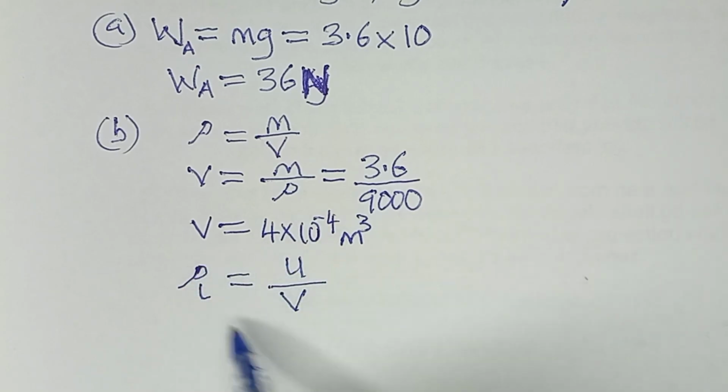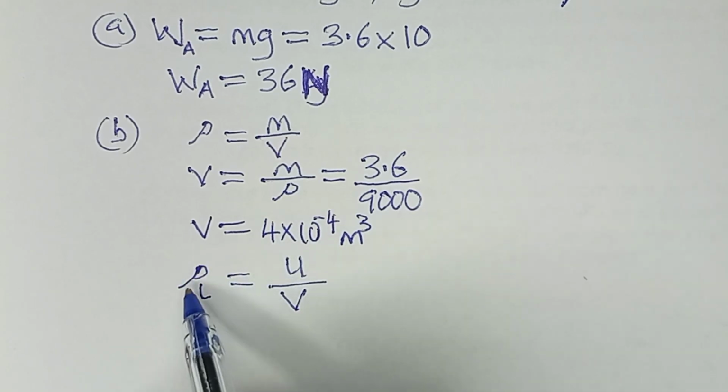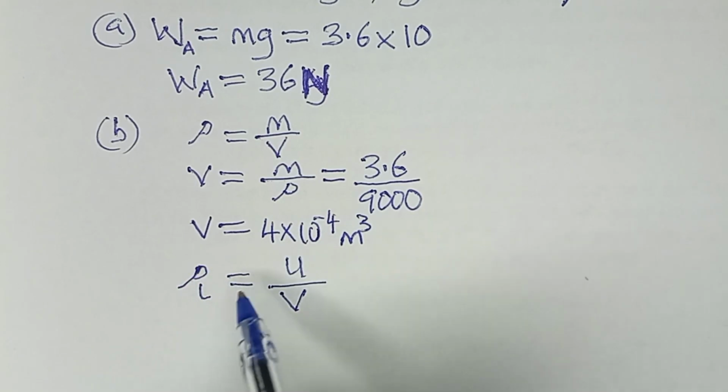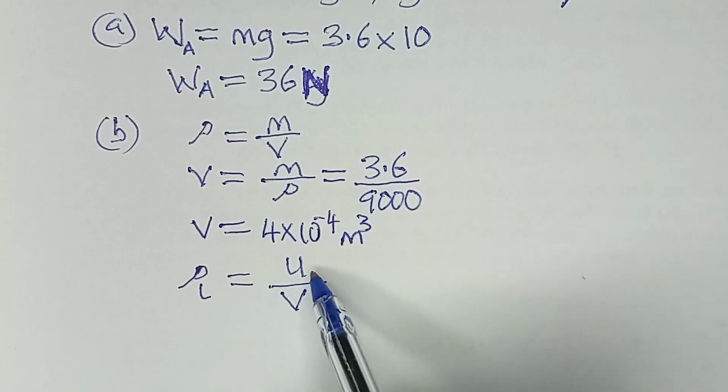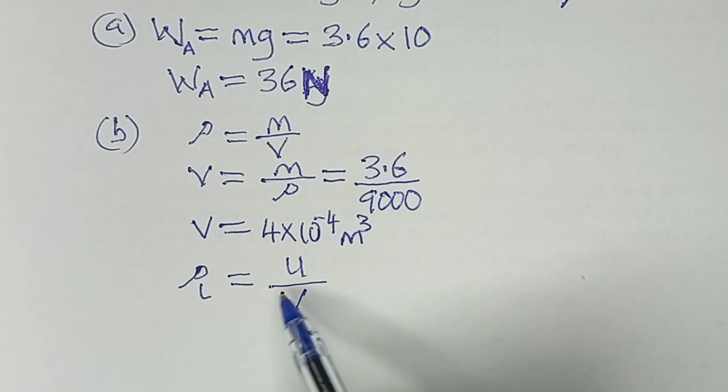Take note of this very important formula, that the density of a liquid is equal to the upthrust of an object immersed in the liquid all over the volume of that object. Take note of this important formula.